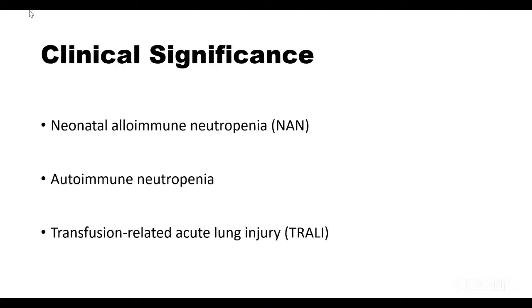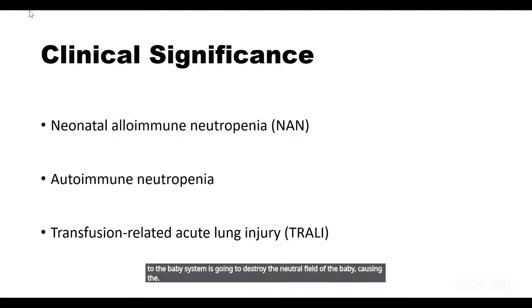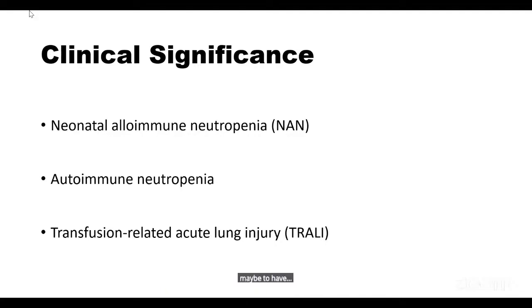The importance of this is neonatal alloimmune neutropenia. For instance, if mother is secreting a kind of antibody that is against that of the baby inside, if the antibody escapes to the baby's system, it's going to destroy the neutrophil of the baby, causing the baby to have neutropenia and exposing the baby to opportunistic infection.